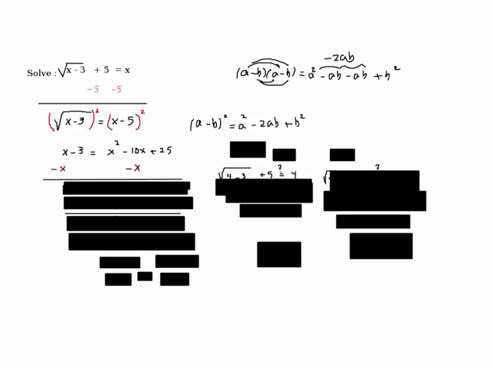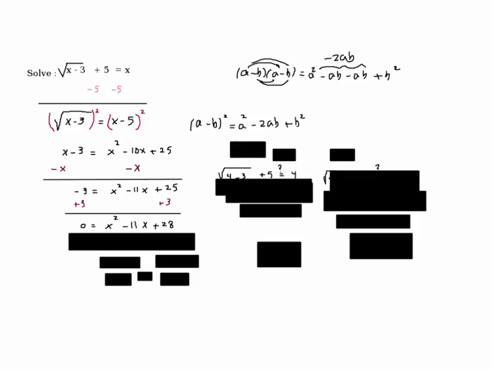So the next step here would be to subtract x from both sides of the equation. And then we can move everything to one side of the equation. We can add 3 to both sides of the equation. So we get x squared minus 11x plus 28. Can somebody tell me how to factor this?